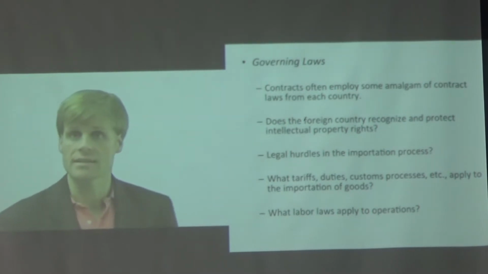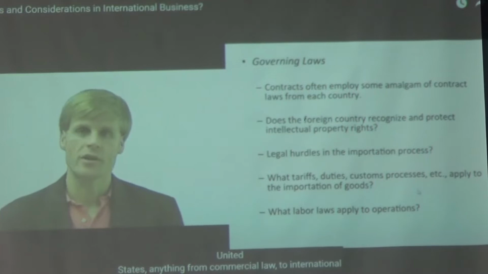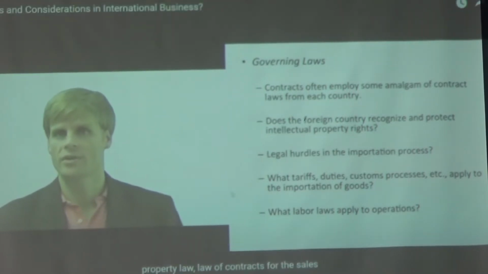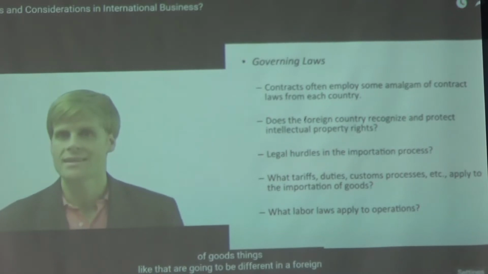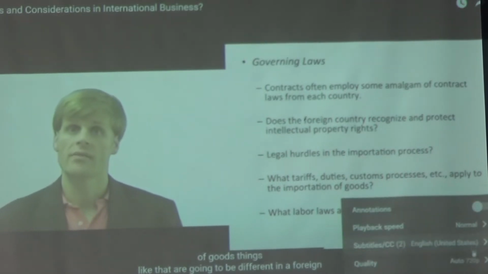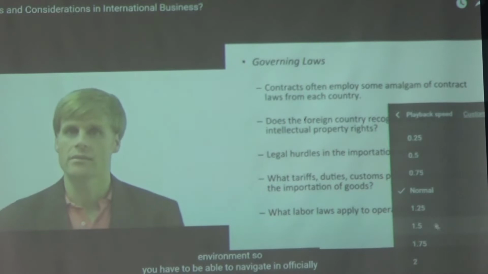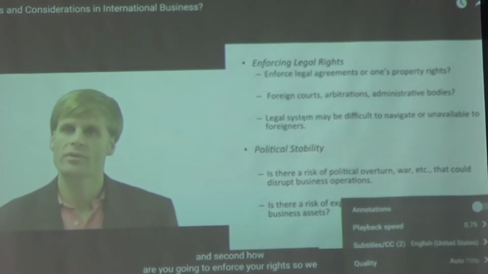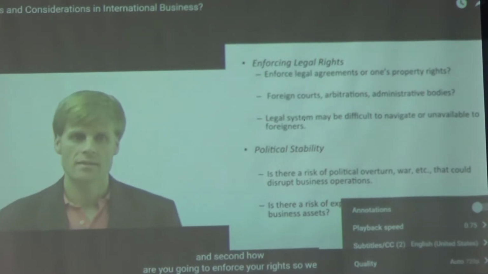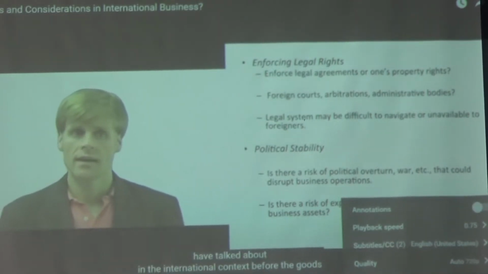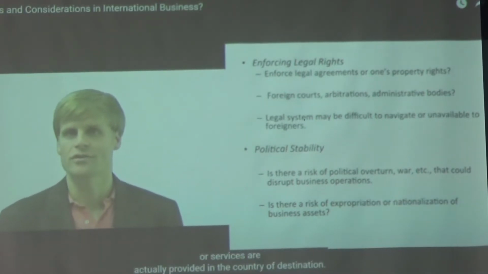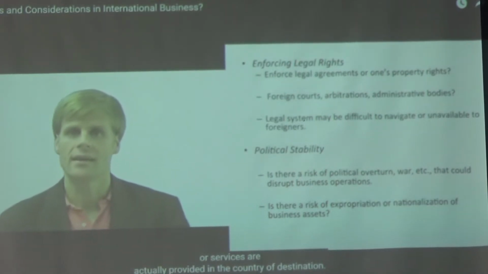You can think within the United States, anything from commercial law, tort law, intellectual property law, laws of contracts with sale of goods, things like that are going to be different in the foreign environment. So you have to be able to navigate those efficiently. And the second, how are you going to enforce your rights?